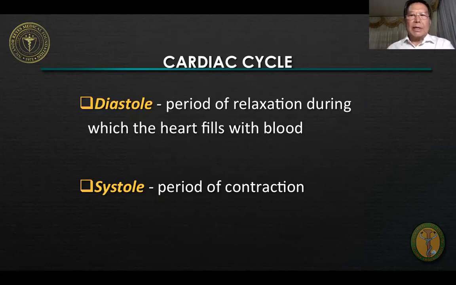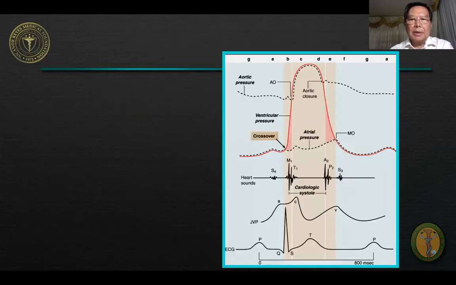So the cardiac cycle basically has two major parts. That of diastole, which is the period of relaxation during which the heart fills with blood, and of course your systole, or the period of contraction. Okay, so systole is illustrated in this portion.